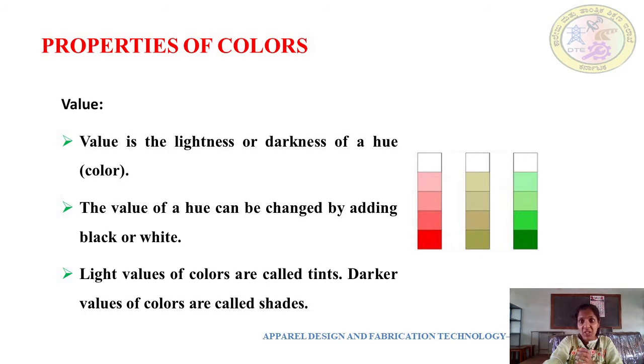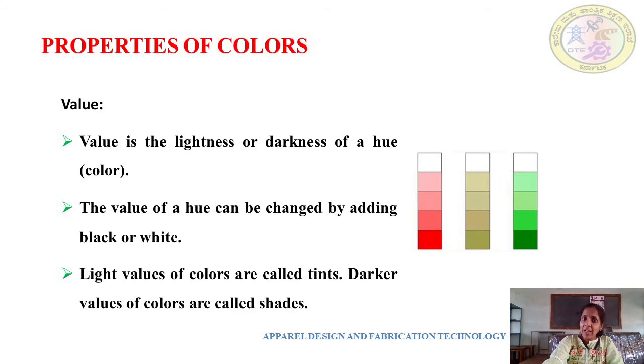But the origin doesn't change. The origin of the hue won't get changed, only the value of the hue will change over here. If we add white to any color, it will change its value and give a lighter tint. For light shades we call them tints.